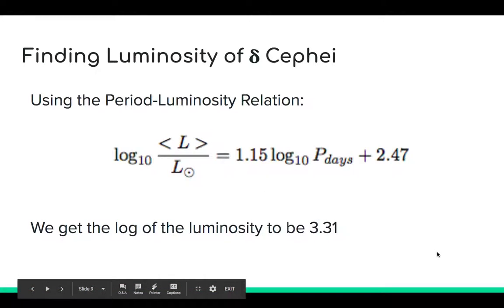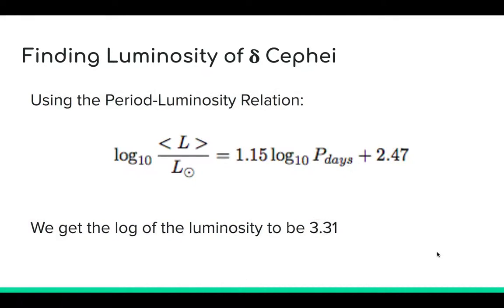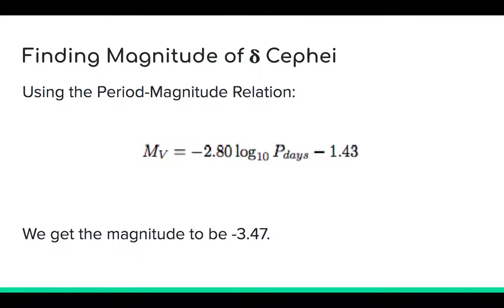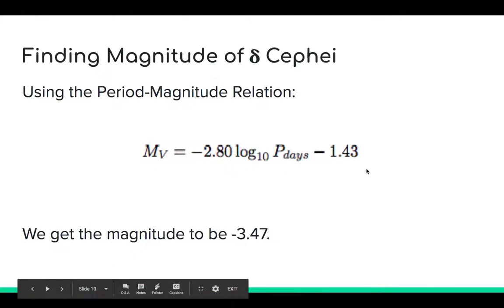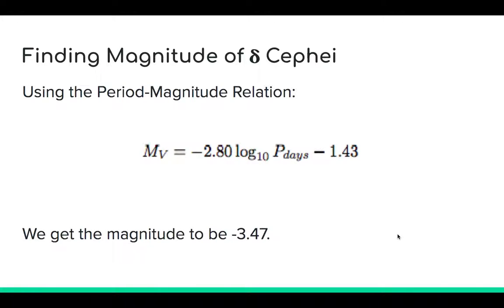And we get the log of the luminosity to be 3.31. And then we can also find the magnitude of delta Cephei using the period magnitude relation, which is this equation. And we can get the magnitude to be minus 3.47.